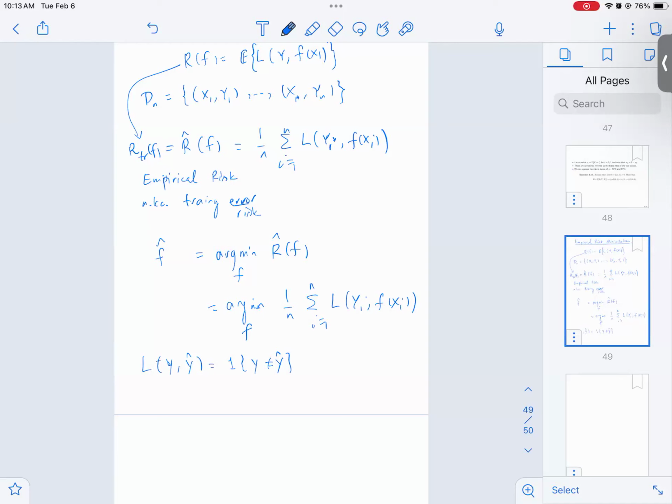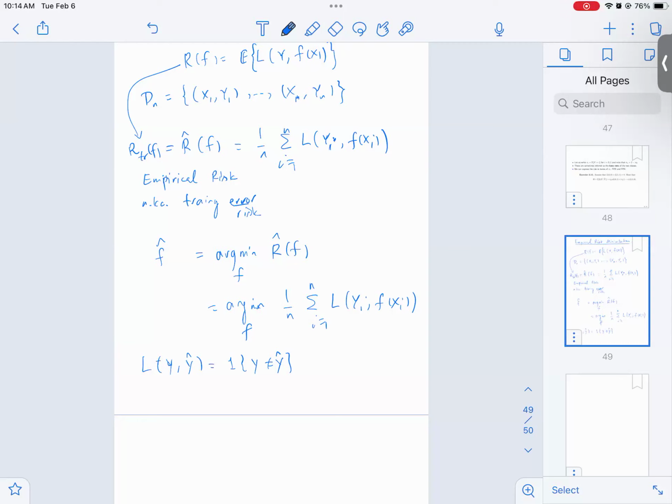Basically, this is like a p hat applied to the generic sample. I won't argue it here, but if you argue for yourself, this is exactly the same type of argument that we did that led to the optimal rule. So the solution of this would be the plug-in optimal rule in the case where x is discrete.